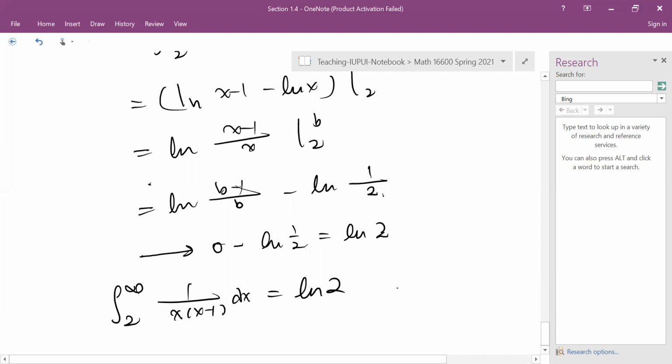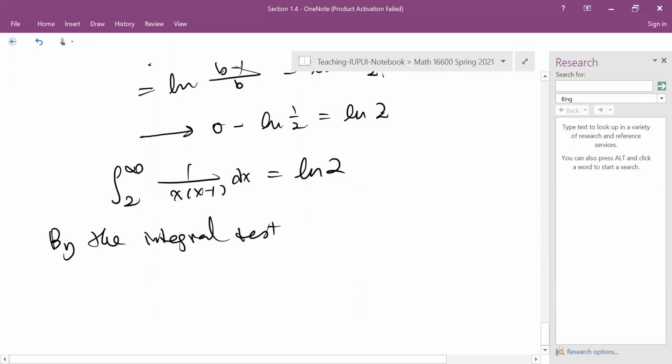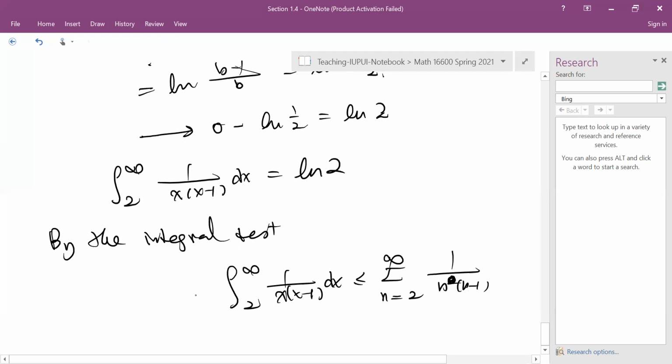It's convergent, right? Then you can say that by the integral test, remember the integral is in the middle. It's less than or equal to n equals 2, and here's n squared, so n minus 1, and this side n minus the first term, I think it's 1/2.